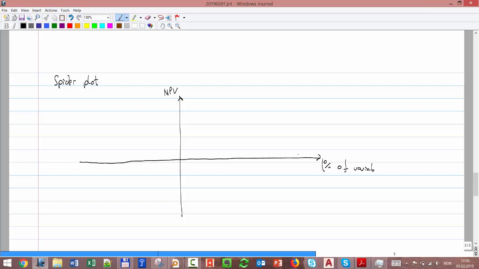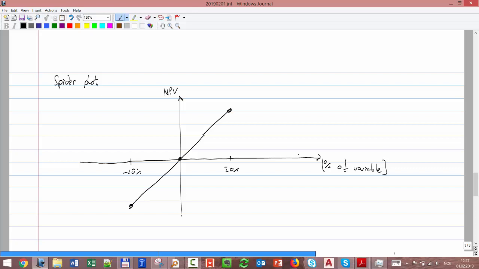For example, let's say oil price. If there is no variation, I'm going to get some NPV. If I have a 20% variation high, I'm going to get a higher NPV. And if I have minus 20%, then I get a lower one.